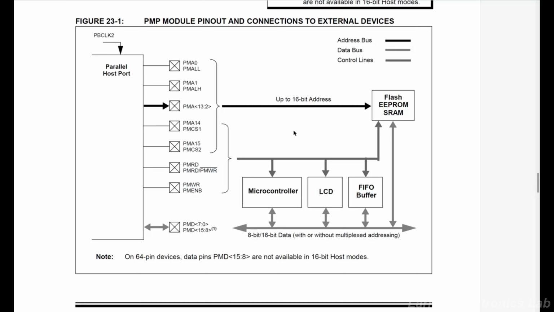So the advantage of using the parallel master port is that you get 16 bits of data on a separate data bus from the address bus, and you get up to 16 bits of address. You also get 2 chip select signals, which I don't implement, and you also get the read and the write strobes.